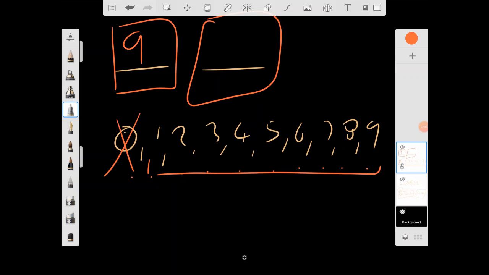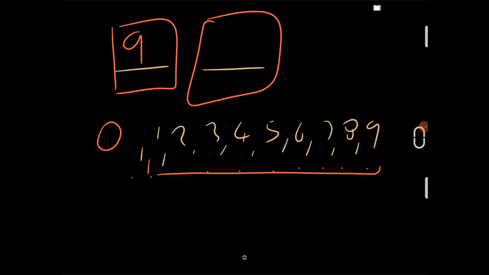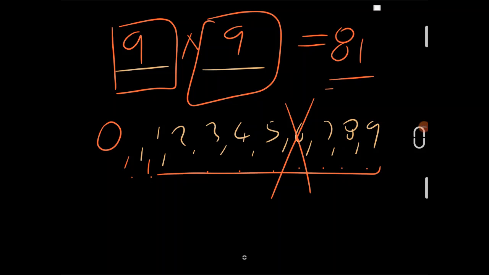There is no problem in having 0 here, we can always have 0. So there are 10 possibilities, but one digit is already taken, so there are only 9 possibilities. So 9 into 9, which is 81.